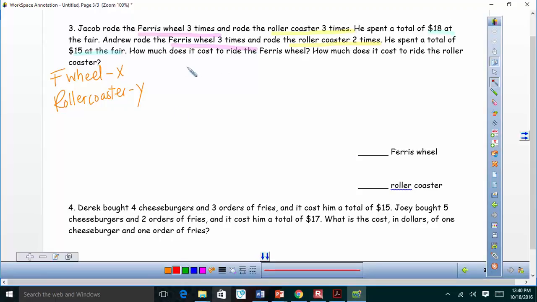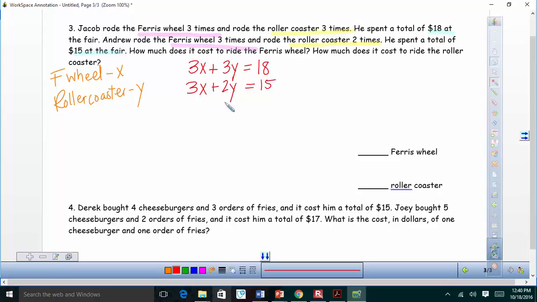How many times did he ride the Ferris wheel the first time? So it would be 3x plus, how many times did he ride the roller coaster? 3y equals, and it cost him how much? 18. The second time he rode the Ferris wheel 3 times, so that would be 3x, plus he only rode the roller coaster 2 times, and it cost him $15.